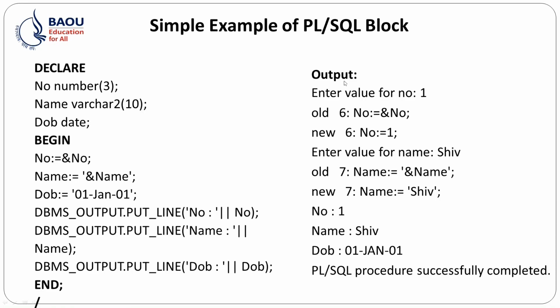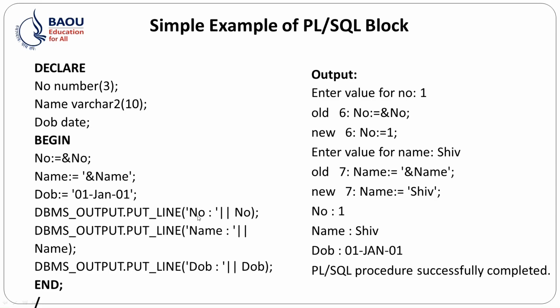So in the output, see, the ampersand displays the prompt to enter the value for number. So we can enter 1 and then it will be stored in the number variable. Same as the name. The ampersand asks for the value from the user, accepts it, and stores it in name, and it will display like this.